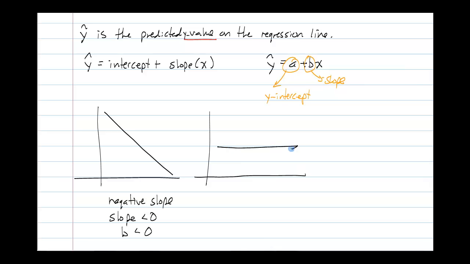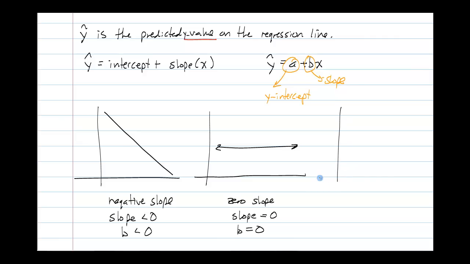Now zero slope is a horizontal line. Sometimes people think zero slope is a vertical line. That's undefined slope. So in this case we have zero slope. Slope equals 0. And our slope is represented by b, so b equals 0 in this case.